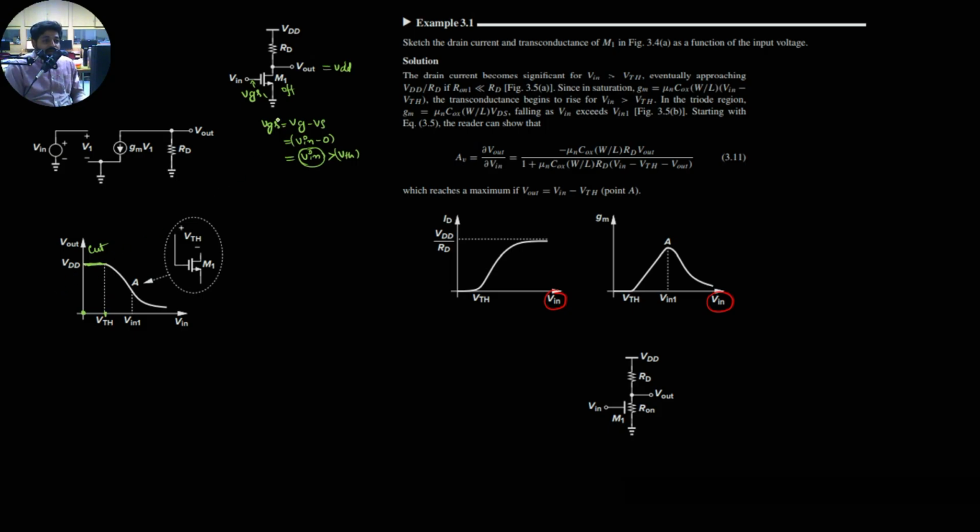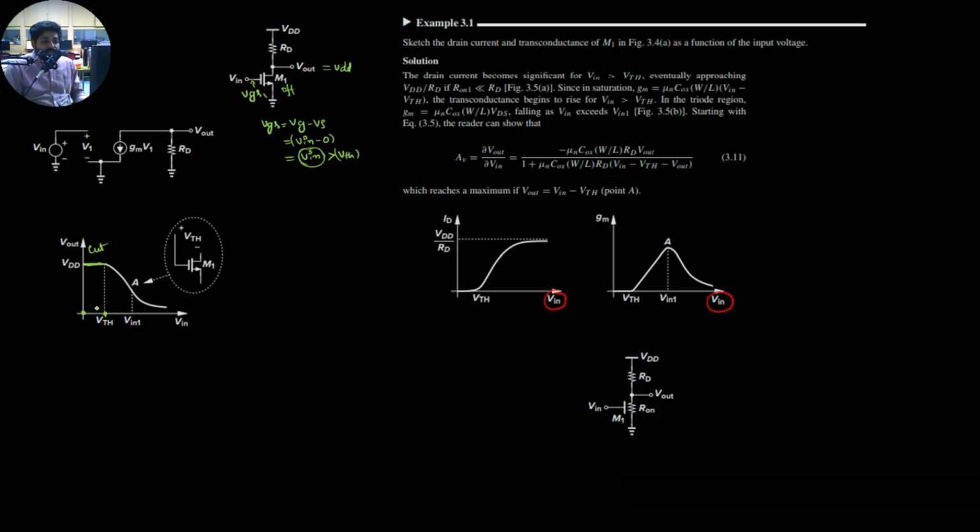When the transistor is off, it gives the output value of V output equal to VDD. The moment you change the V input to greater than VTH, the transistor starts conducting. It starts entering into the saturation region from the cutoff.